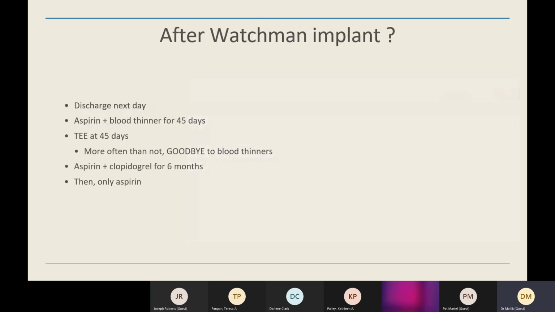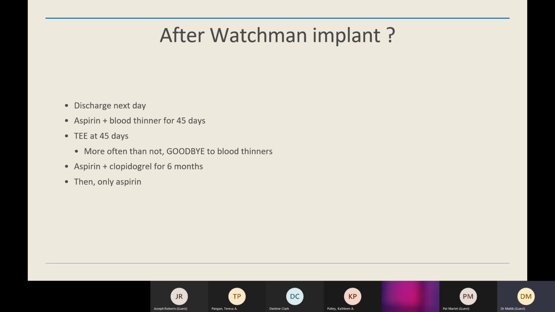So like we had talked about earlier, what happens after WATCHMAN implant? Patients go home the next day, usually. They do continue taking blood thinner for 6 weeks, at which time we do an ultrasound of the heart, make sure WATCHMAN is sitting properly, there are no blood clots, no fluid buildup.